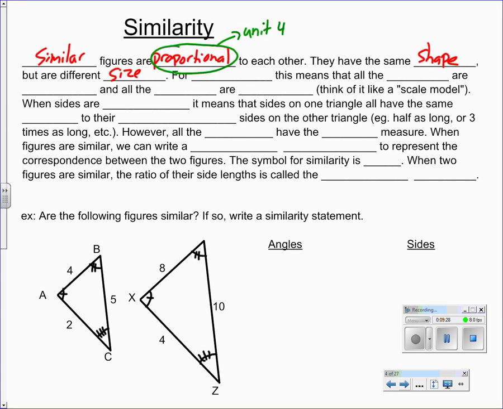What this means for triangles is that all the sides are proportional and all the angles are congruent.